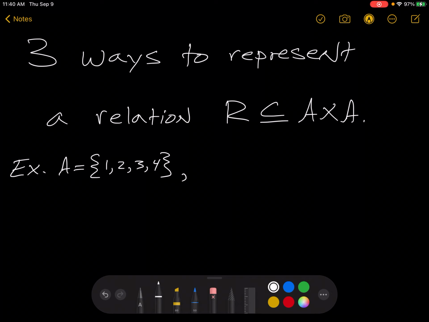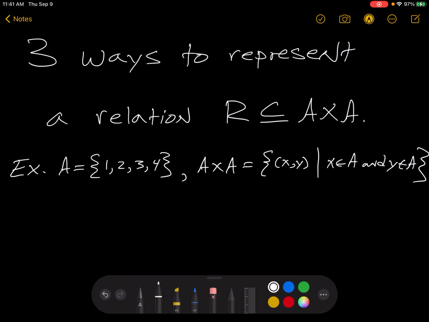Then A cross A, remember, is the set of all points (x, y) such that x is in A and y is in A. Now you may see this abbreviated as (x, y) is in A, and that means the same thing. That means that x is in A and y is in A.